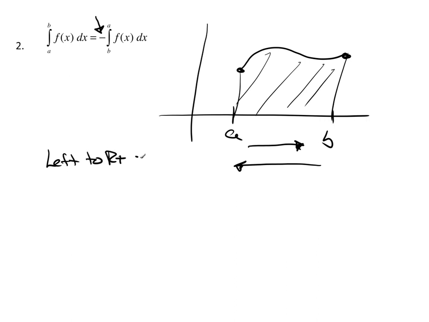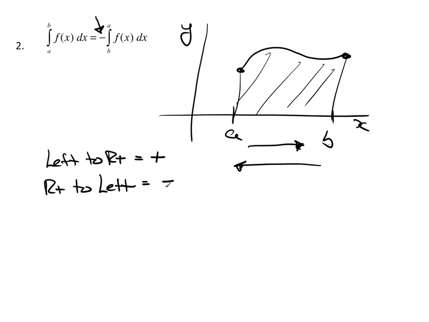So integrating left to right equals positive. That's assuming, as we said earlier, that this function f is positive or 0 from a to b, positive everywhere or 0. That's not negative anyplace. So if I go left to right, I get a positive. If I integrate right to left, in other words, b to a, that's going to give me a negative.